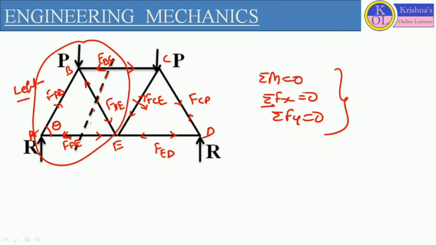So if we are considering theta, we have to define the horizontal component of FAB, and this FBE we are using, so we have to define the horizontal component of this FBE for the x direction. Similarly, for y direction we can use all the forces which are acting at the left hand side.